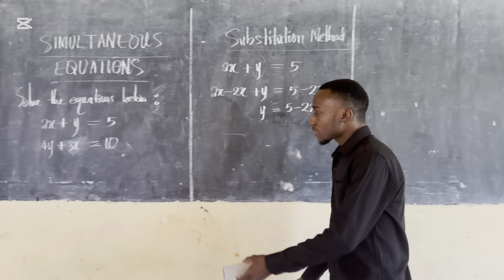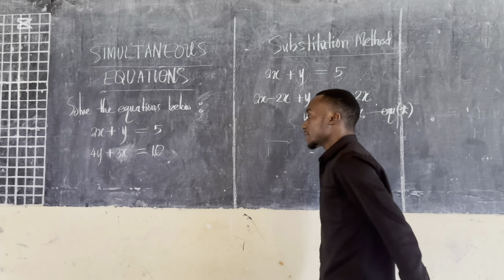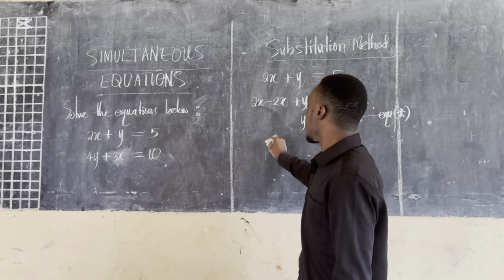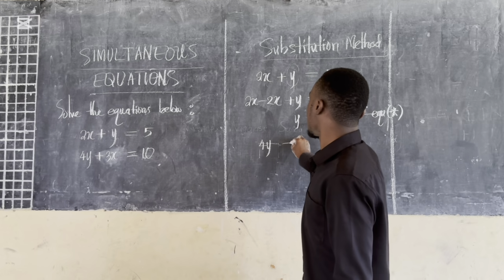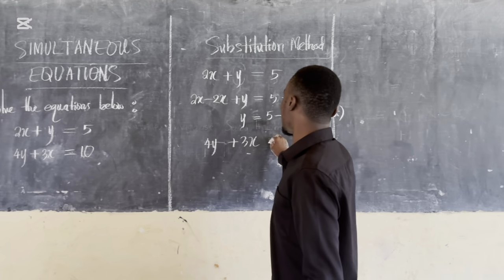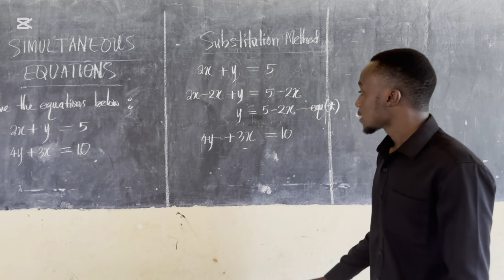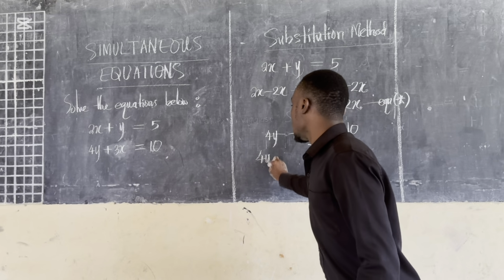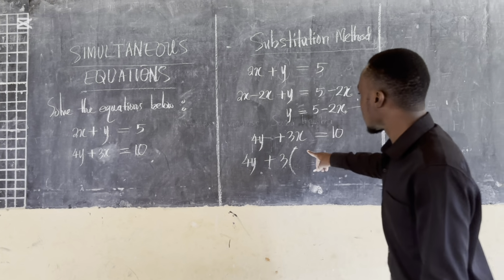Now when I come back to my second equation, which is 4y plus 3x equal to 10, this is what I will do. 4y plus 3x.